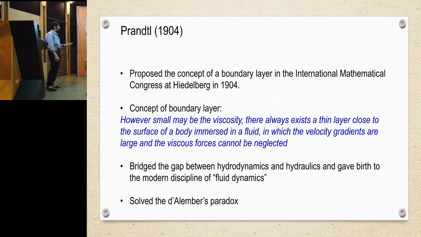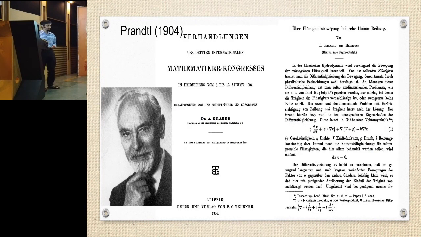So that's the original paper in German. It's about a 12-page paper. It's very terse, not highly mathematical. In fact, he presented his wind tunnel experiments there. I hope all of you know about wind tunnels. He was an engineer, but he also had an acumen for mathematics and a very acute physical insight.